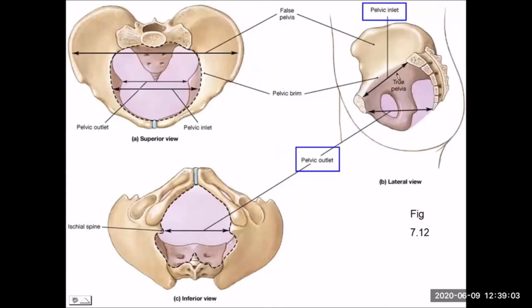The pelvic inlet is the superior border of the pelvic cavity, and the pelvic outlet is the inferior border of the pelvic cavity. Both of those, of course, are wider and broader in women.